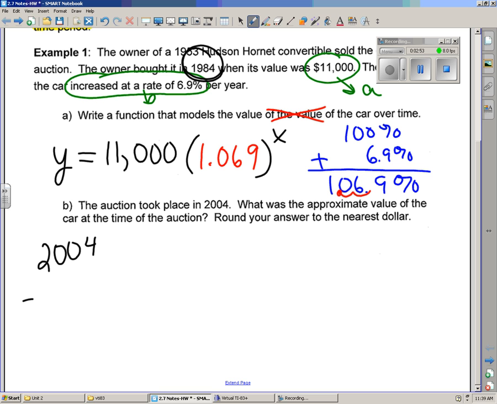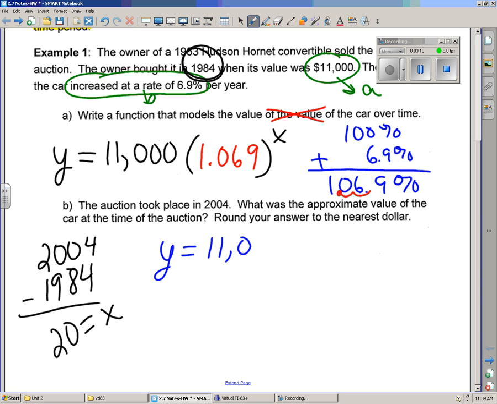The Hudson was a '53 Hudson Hornet, but it was purchased in '84. So the difference between these 2 years is 20 years, which means this is going to be your value of x. What you're going to do is have the equation $11,000 times 1.069 to the 20th power, to the 20th year.